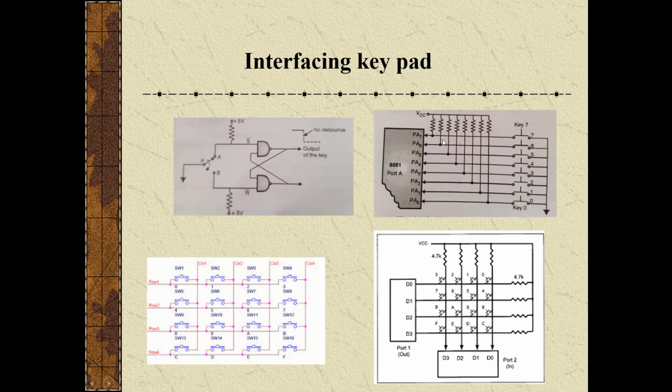All these lines are connected to a single NAND gate, and that NAND gate goes low when all the keys are open. When one of the keys is pressed, the NAND gate output will be high. Then the output identifies that a key is pressed.